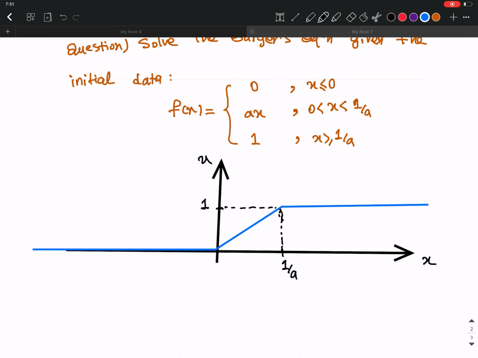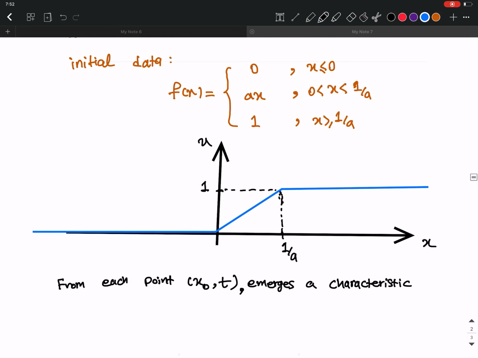So from each point x0 in the initial condition emerges a characteristic, right?